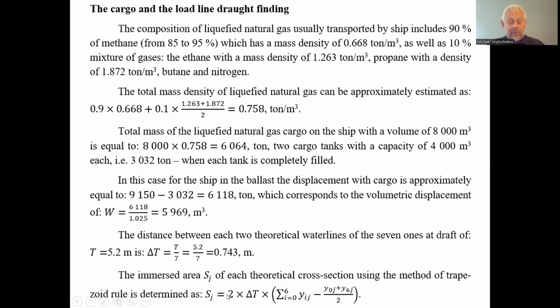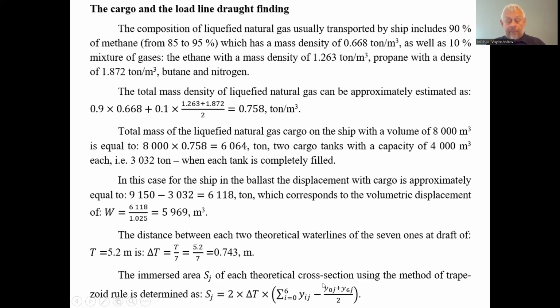So we multiply 2 by delta, the distance between two theoretical water lines, multiplied by the brackets. In the brackets we have the total from 0 to 6, up to water line number 6. We have 6 water lines. What is, for example, the submerged area of the transverse section of the ship at a given theoretical frame? It is the total of the ordinates minus the adjustment.